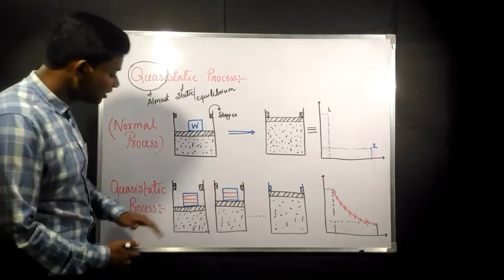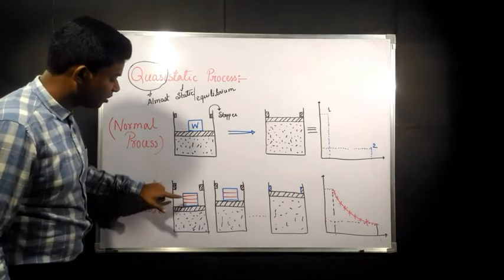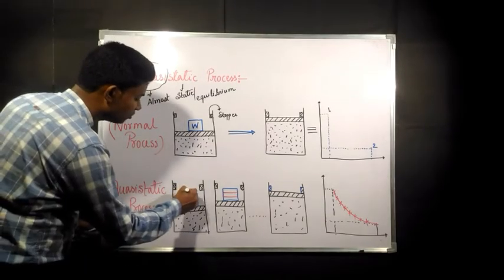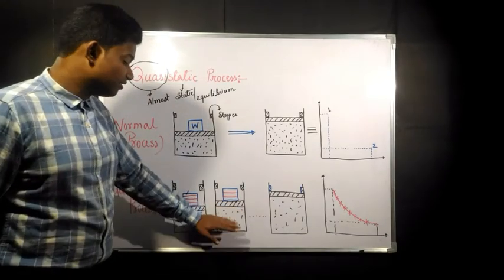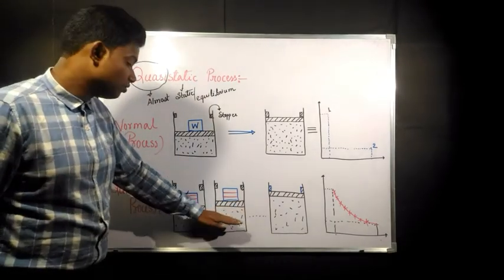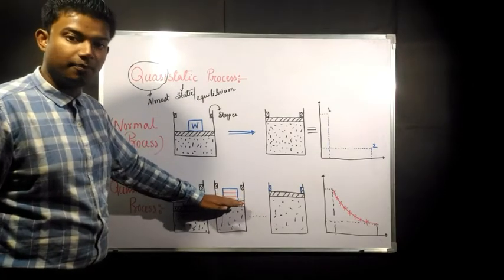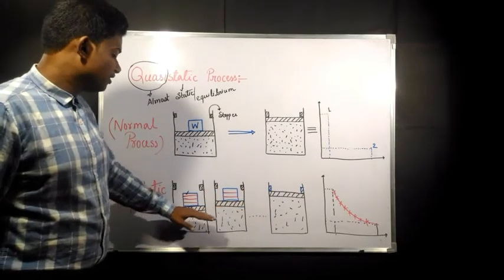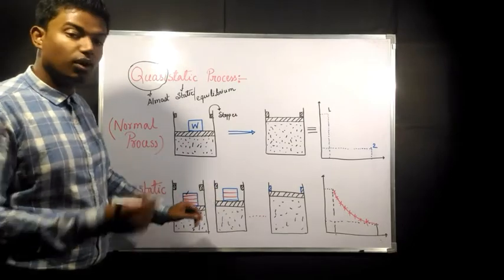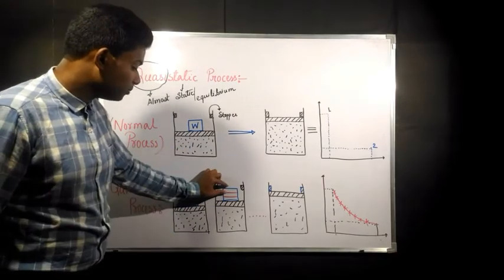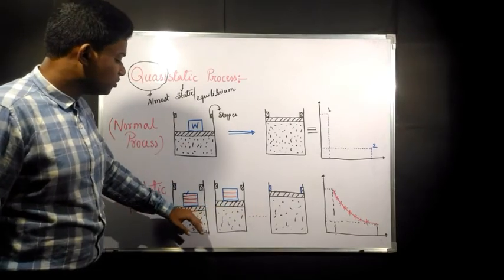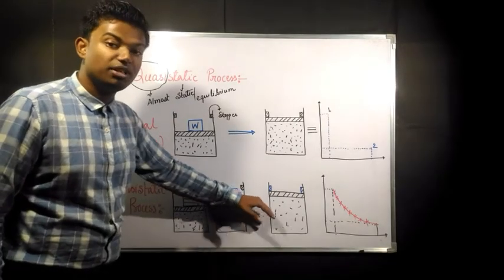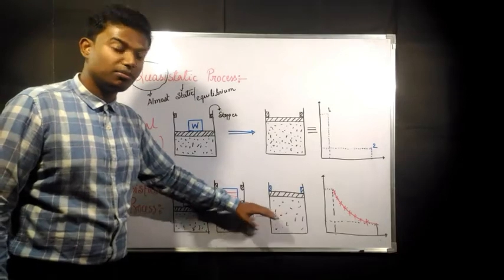If we take out one of these pieces, suppose the first piece, now this piston, to balance the unbalanced pressure inside it, will go up a little bit. Okay, now in this way, if we remove a small piece of weight once in a while, then what happens? The system will pass through a series of equilibrium states.